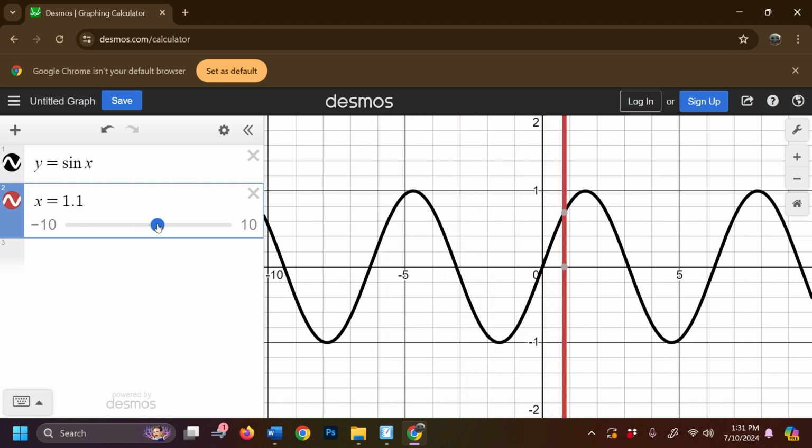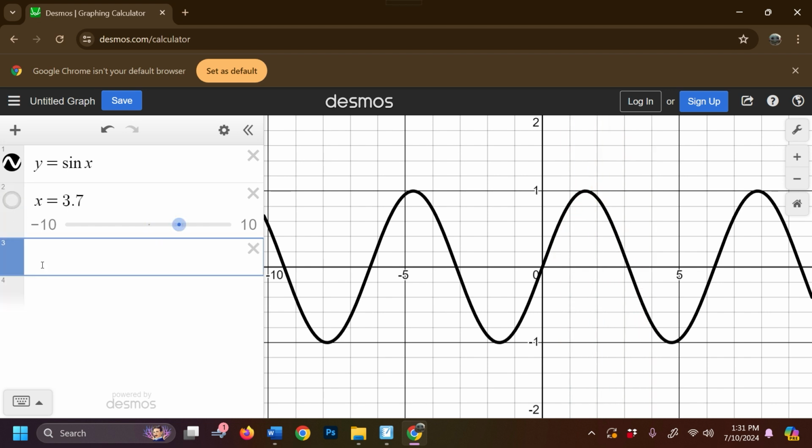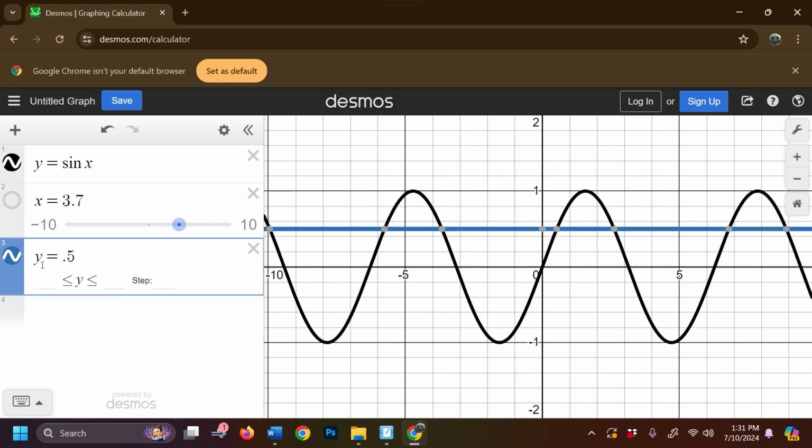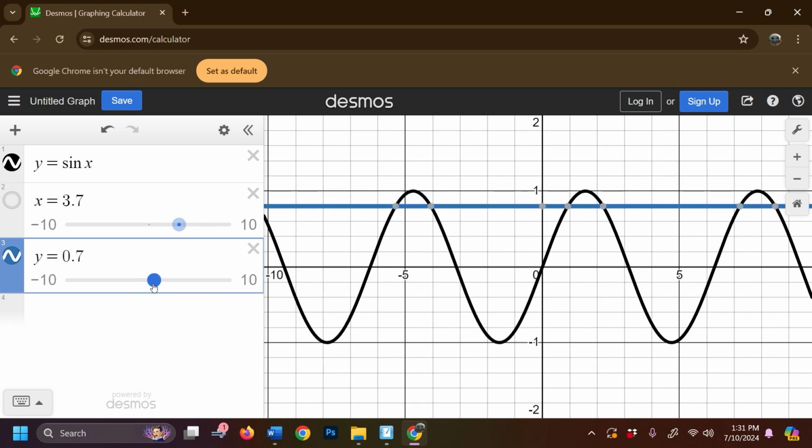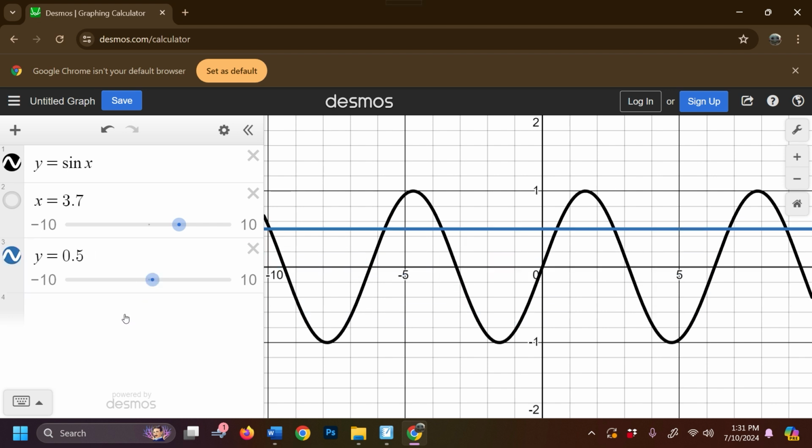Clearly, the black sine curve is a function because it passes that vertical line test. It is not one-to-one because it does not pass a horizontal line test. There are many places that it can cross that horizontal line.